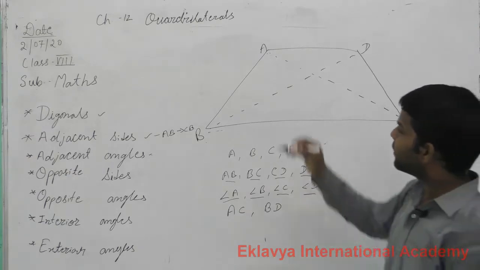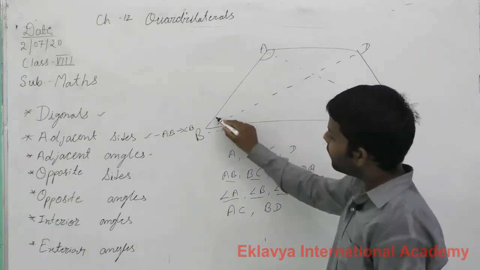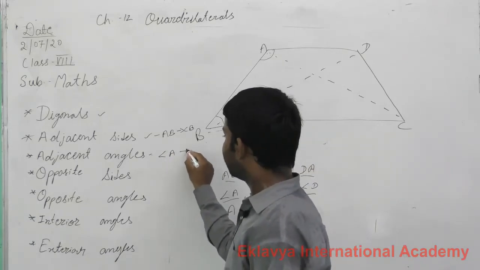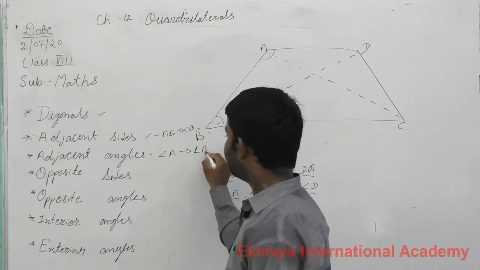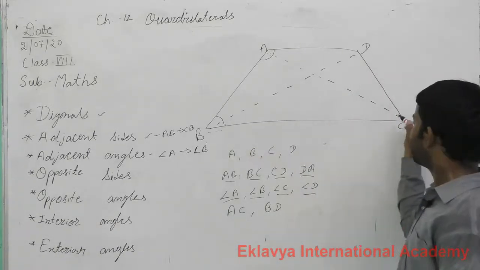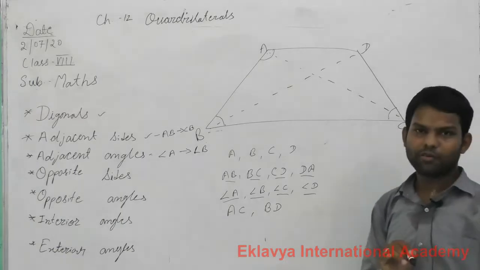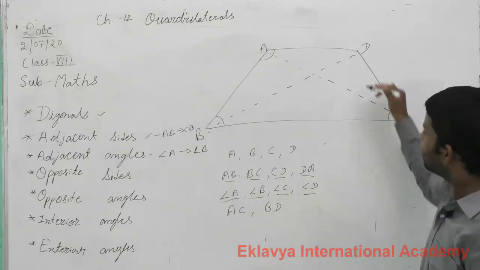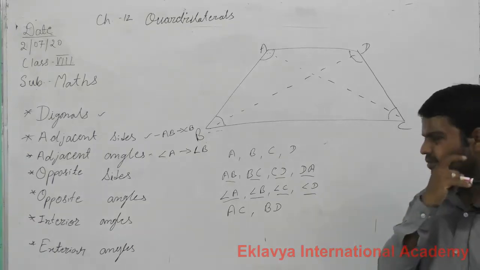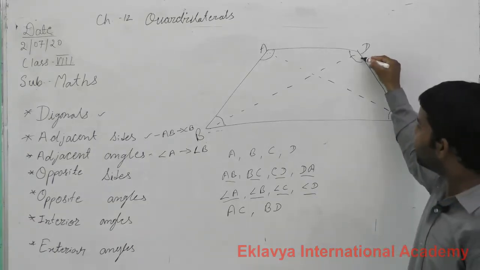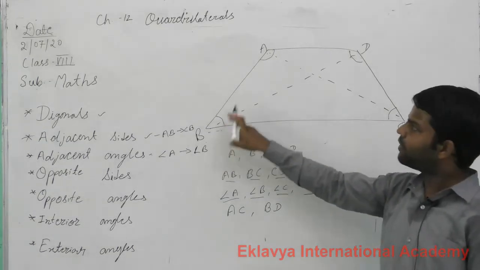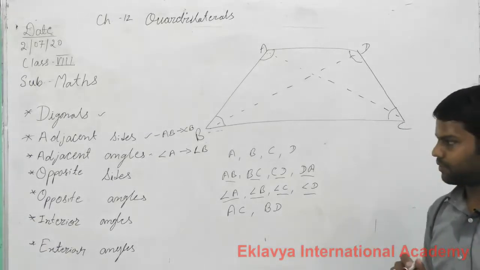First pair of adjacent angles, angle A is nearby of angle B. Second pair is angle B is adjacent of angle C. Third pair is angle C is adjacent of angle D. Similarly, we can also say angle D is adjacent of angle C, angle C is adjacent of angle B, angle B is adjacent of angle D.